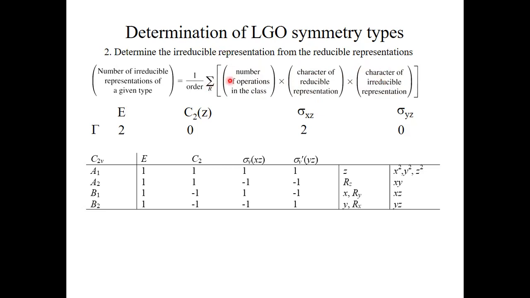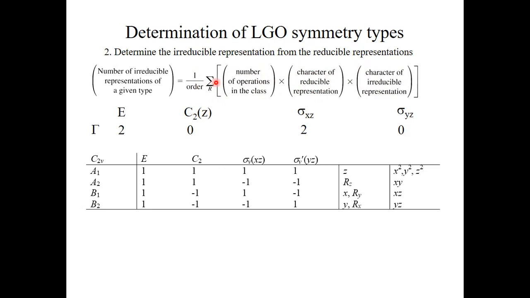And we have to determine that product here for all the different symmetry operations and sum up over all the symmetry operations. Okay, so this is what this sum sign here means. Yeah, we determine this product for all symmetry operations.